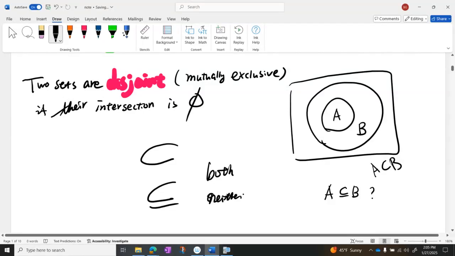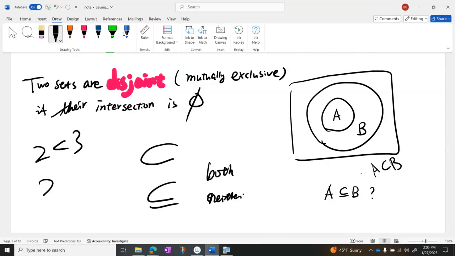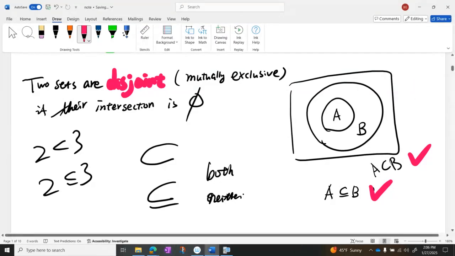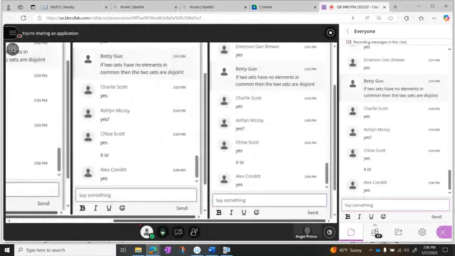In this case, it is both, right? A is a proper subset of B, and A is also a subset of B. It's just like x is strictly less than 3, but x is no more than 3 is true as well. Right? I hope it's clear. Please let me know. Yes, both. All right, very good. Perfect.